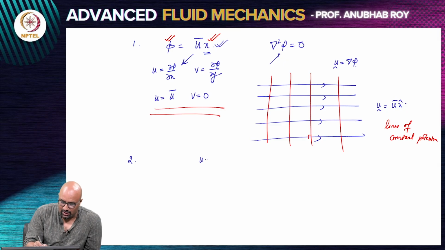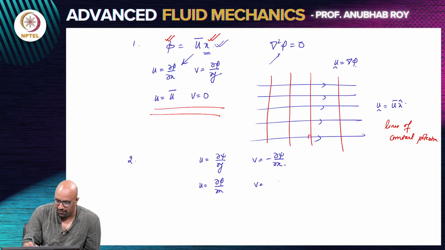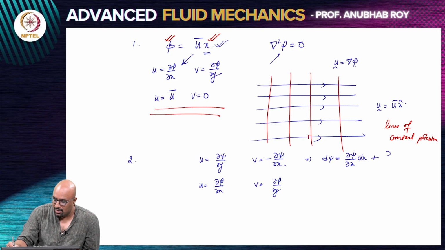We know that u is equal to dou psi dou y, v is equal to minus dou psi dou x, and u is equal to dou phi dou x and v is equal to dou phi dou y, which means if I now write d psi, it is dou psi dou x dx plus dou psi dou y dy.